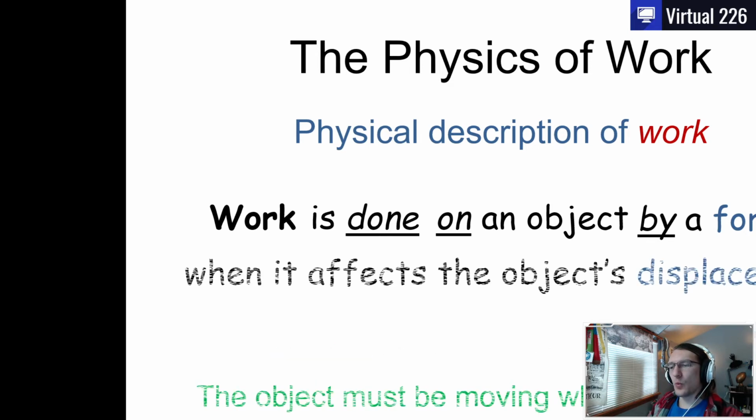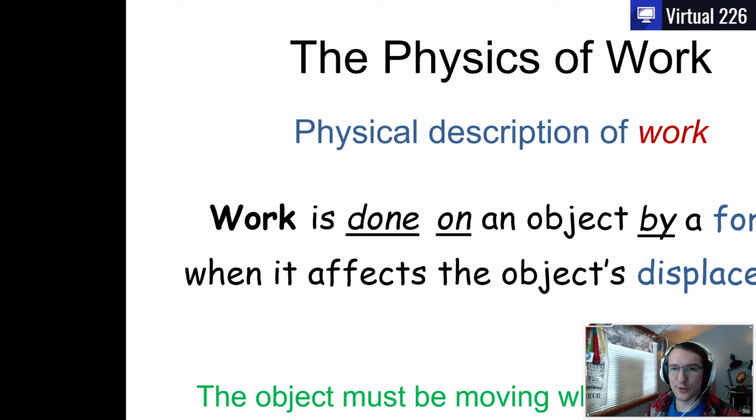Now, this is kind of weird, though. When we think about doing work from a physics perspective, that force, which is either pushing or pulling on an object, has to cause the object to be displaced. It has to cause the object to move. If you are pushing a wall and that wall is not moving, it does not matter how hard you are pushing it, you are not doing work. There is no displacement on that wall.